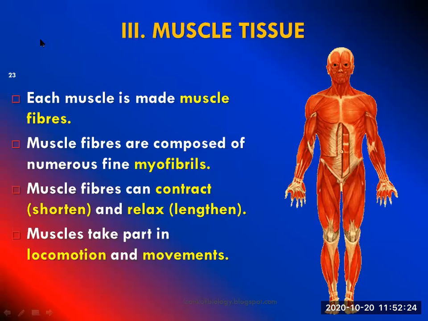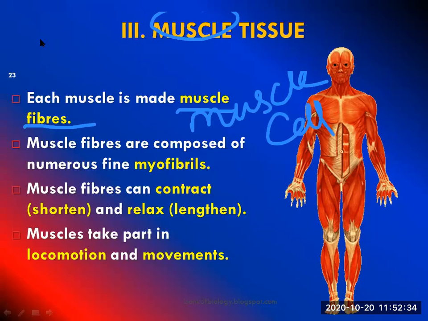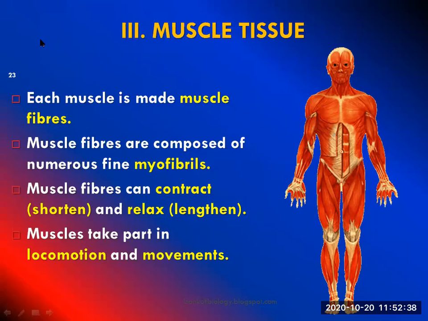Each muscle is made of muscle fibers. If you say muscle tissue, the muscle fiber can be considered as a muscle cell. The muscle fibers are composed of numerous fine myofibrils.